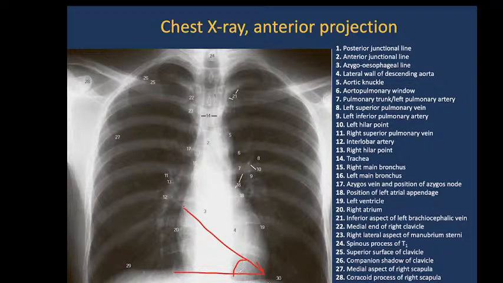This angle shows us position. It may be vertical position, horizontal position, or oblique position. I think here it is an oblique position, which is more typical for most people.